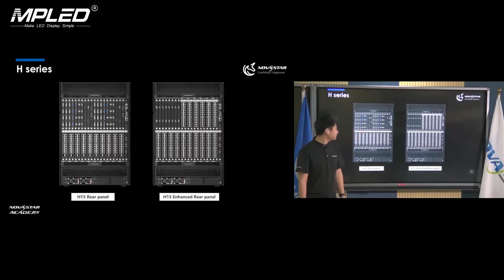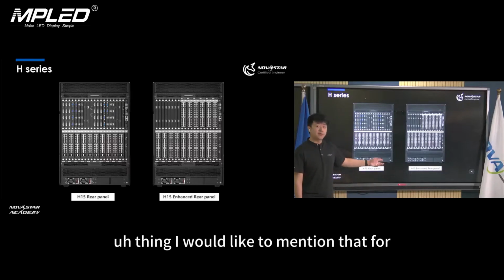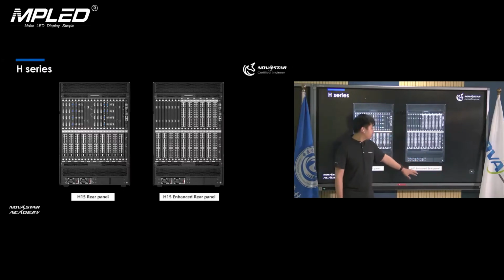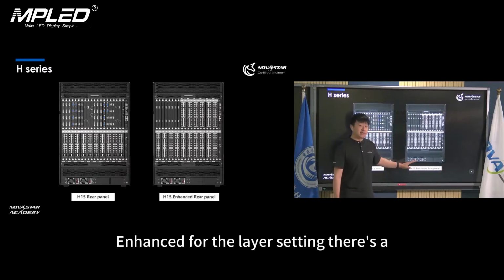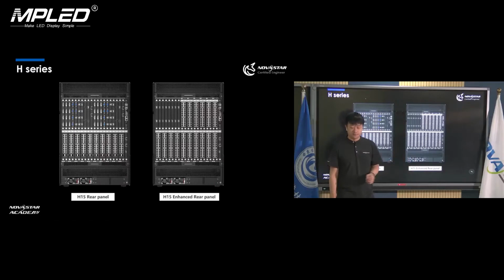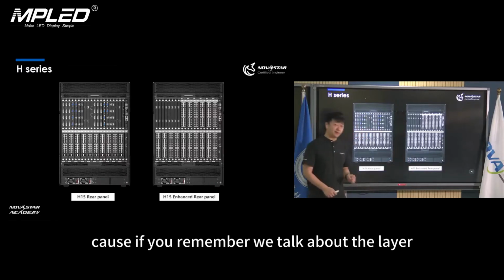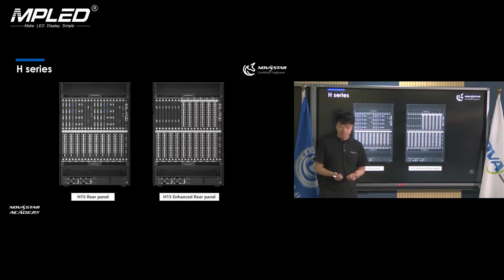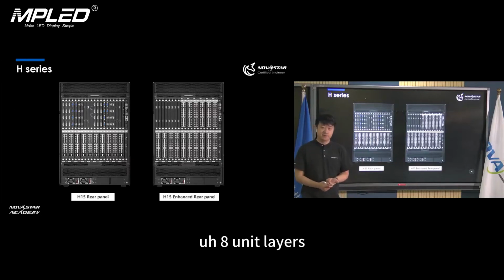And there's one thing I would like to mention: for the output cards of the H15 enhanced, for the layer setting, there's a little difference. Because if you remember, we talked about the layer output cards. For each output card, we support 16 2K layers, 8 dual link layers, and 4 4K layers.